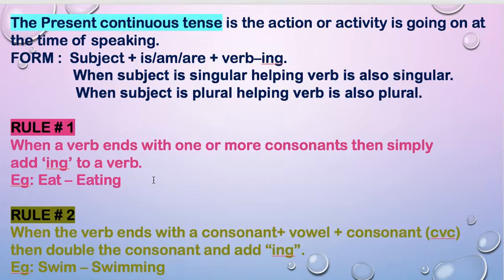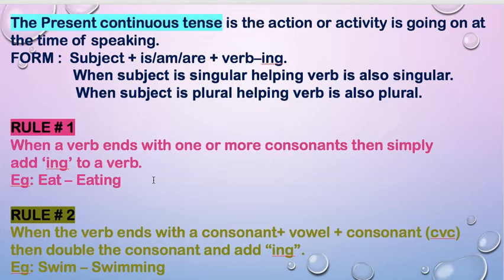CVC rule. Add ing to the verb. When the verb ends with a consonant, add ing, and you also have to double the last alphabet of the verb. Example here, swim.